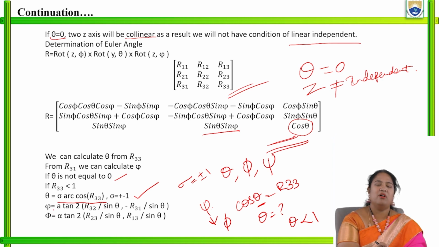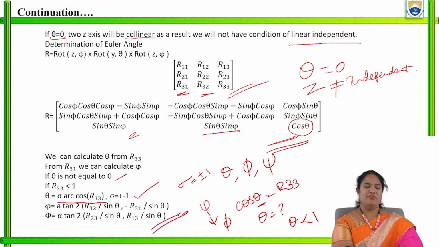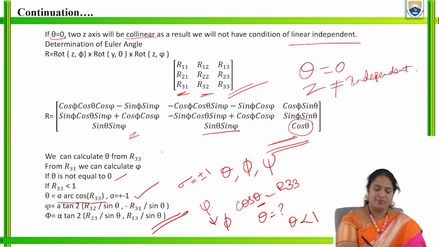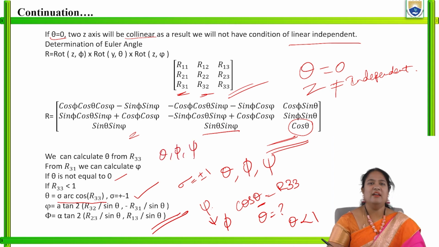In the same way, for the psi value we take atan2 of R32 divided by sin theta, comma minus R31 divided by sin theta. The phi value is given as atan2 of R23 by sin theta, comma R13 by sin theta. In this form, we find the theta, phi, and psi values.